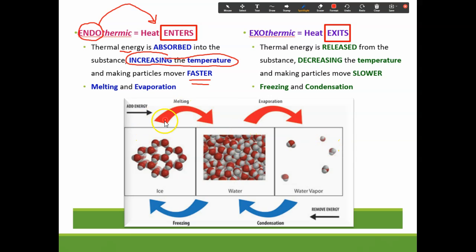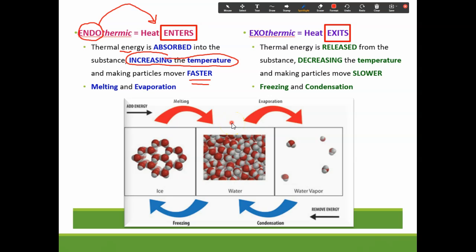Liquid water is going to be hotter than ice. Gaseous water, water vapor, is going to be hotter than liquid water. And those particles will also begin to move faster, which is why ice is very rigid and doesn't move. Water flows, and then water vapor moves very chaotically and rapidly. Gases move very rapidly. Okay, so these are all examples of endothermic processes.